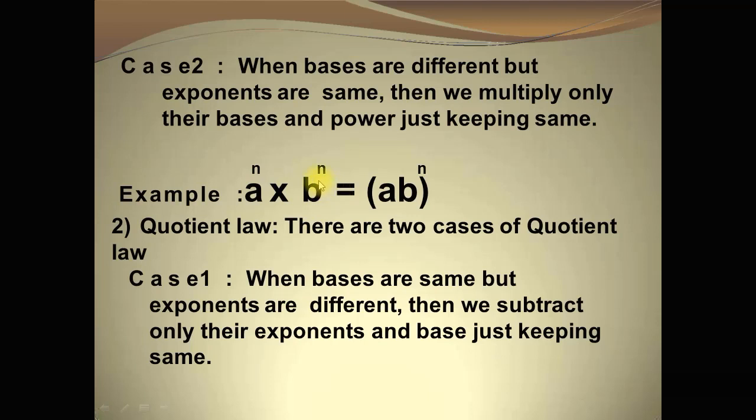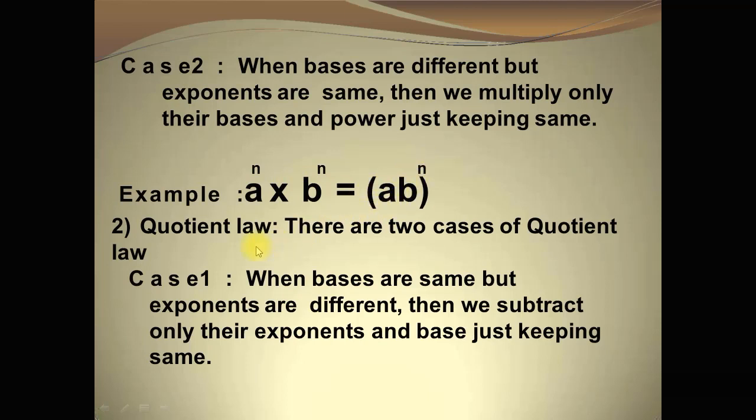When in product form bases are different and exponents are the same, then multiply the bases and keep the power the same. So in this example, a power n multiplied by b power n, since the bases are different, we multiply these bases and keep the power the same.